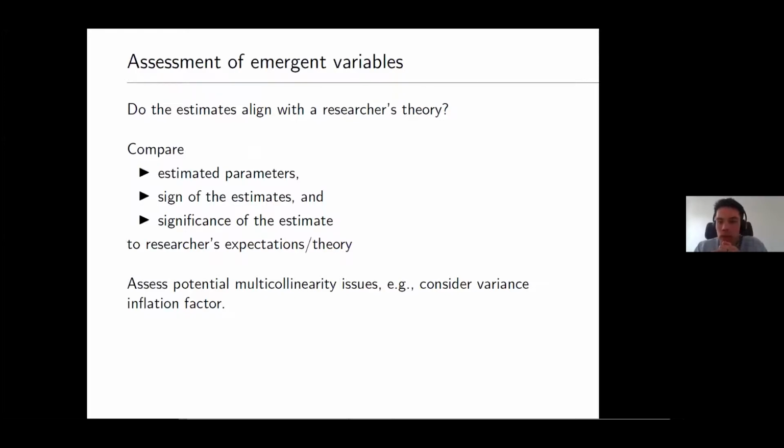This is common practice also in structural equation modeling. And particularly important for the composite model is that we should also assess whether multicollinearity is an issue for the estimated weights. And we can do that, for example, by considering the variance inflation factors.